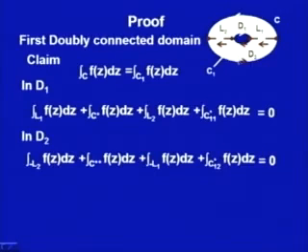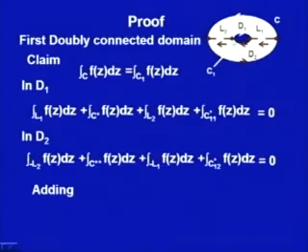Now if I add these two, what would I get? You see, I am adding this boundary and I am adding this boundary. Once I add L2 in this direction, I am adding L2 in the negative direction.